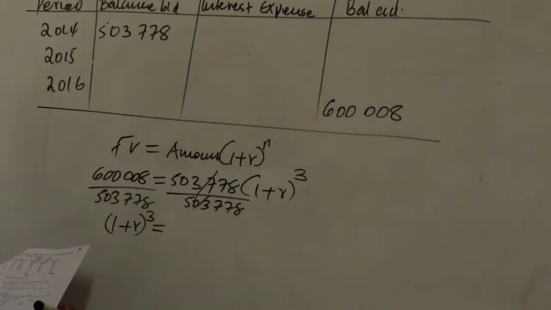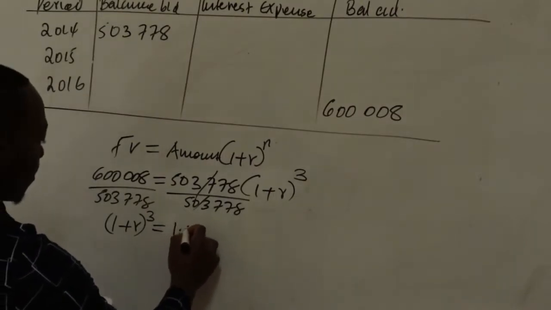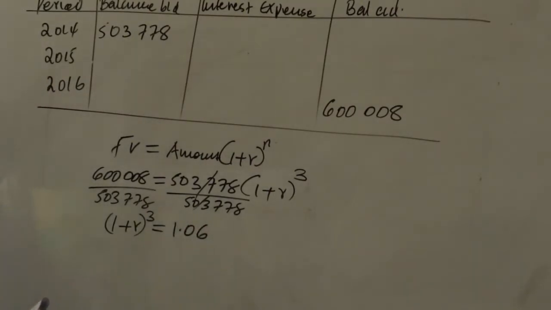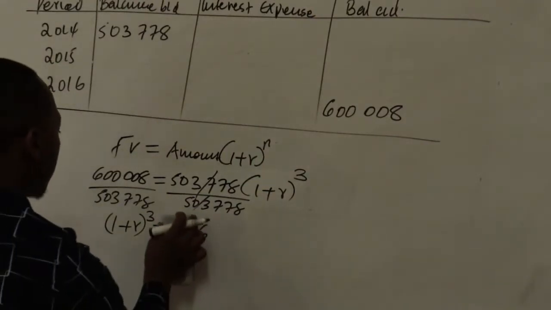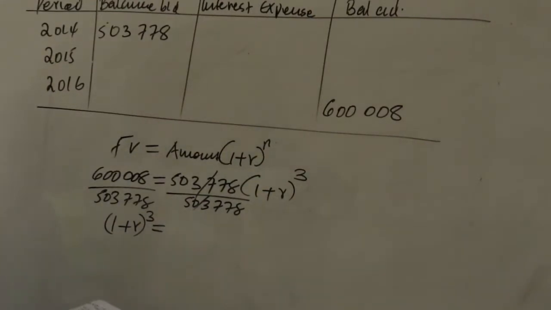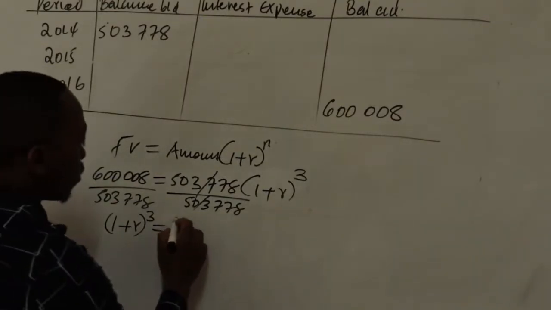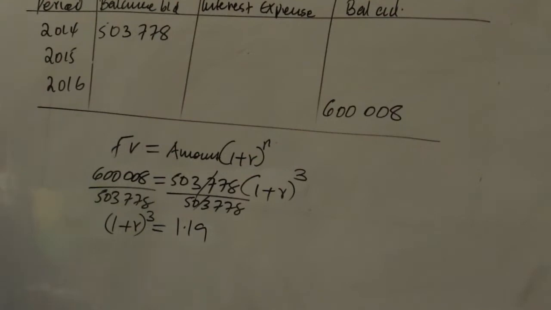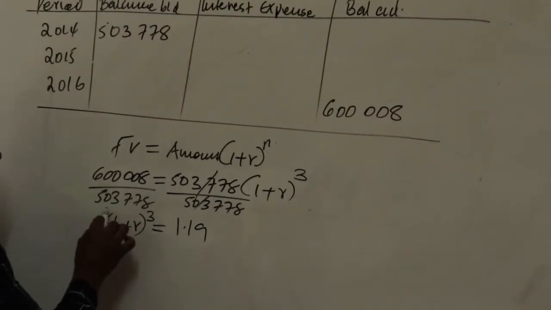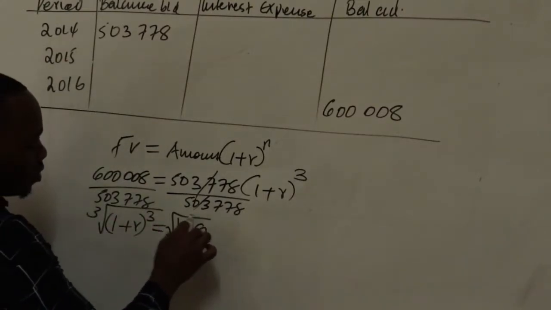So what do you get? You'll find it's 1.19. So to get R, you take the cube root on both sides.